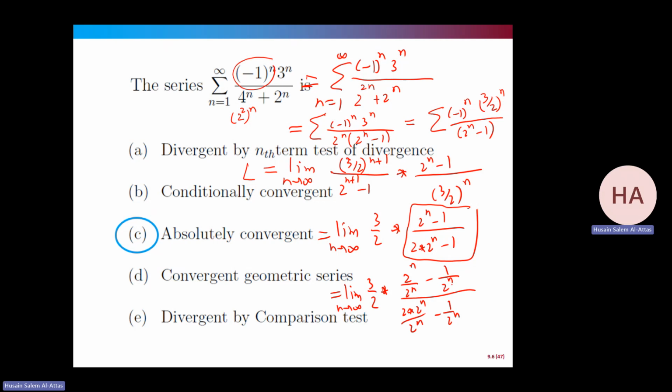This one goes to 0, this goes to 0. So I have 3/2 times 1/2, which is 3/4, less than 1. So the series absolutely converges.